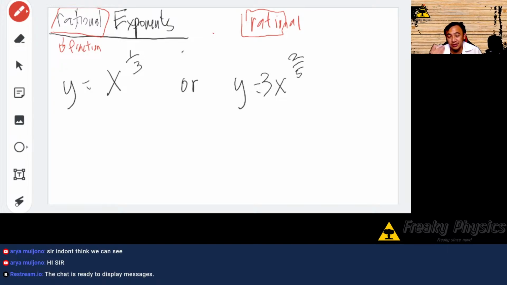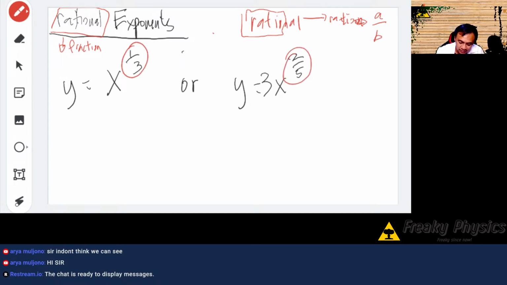It's not rational like they make sense, but rational like they form a ratio. And we know that ratios can be written in the form a over b. That's why we call them rational numbers. And in this case, we're doing rational exponents. So this is the exponent right here.